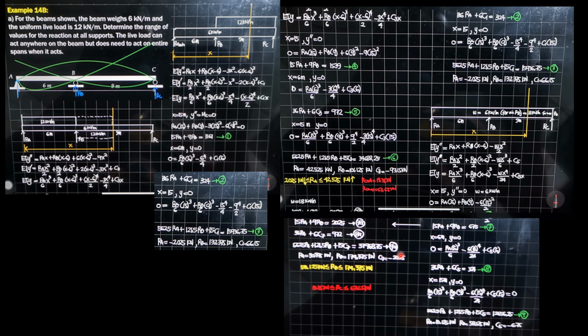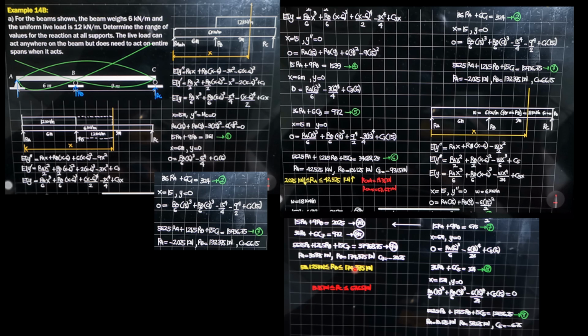Equation 9A. Then solving equations 7A, 8A, and 9A simultaneously, we get RA 30.375, RB 174.375. So this is it.